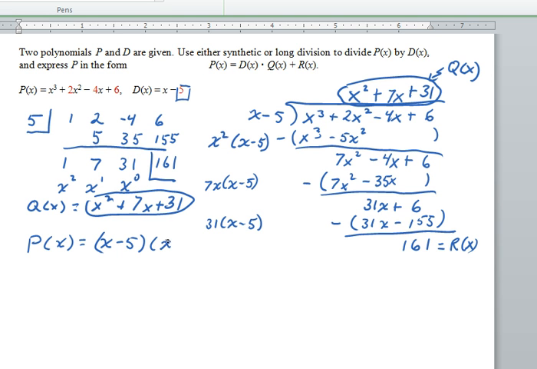So that's what we write here. That's d of x times q of x plus r of x. So this is our answer here.